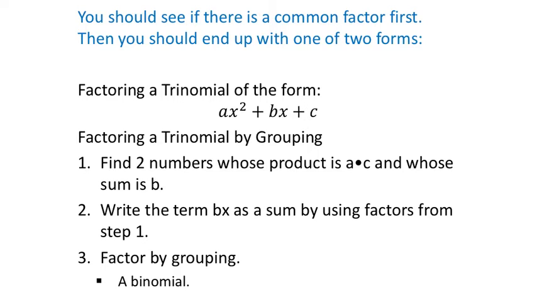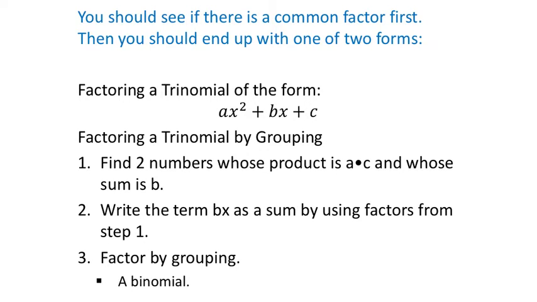So what we're going to do is take the a and c values, multiply those two values, and find the factor pair from a times c whose sum is still the center coefficient, the coefficient of x. Once we get that, we're going to split the middle term up into those two specific factors, and that will allow us to factor by grouping, which when we do, it should work out very nice.